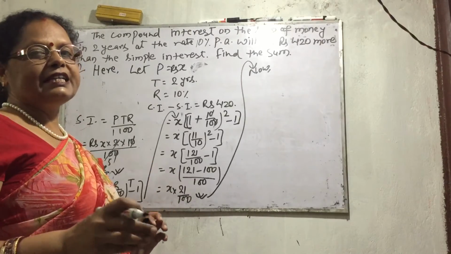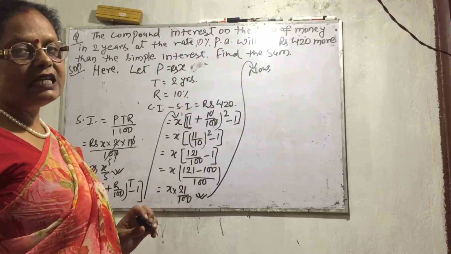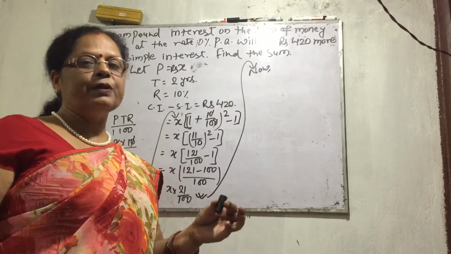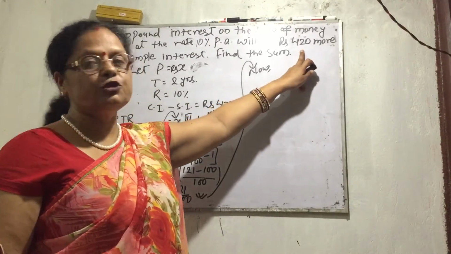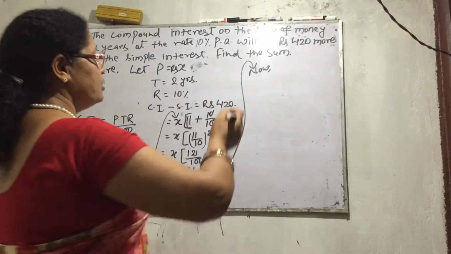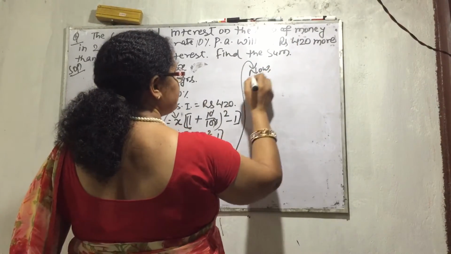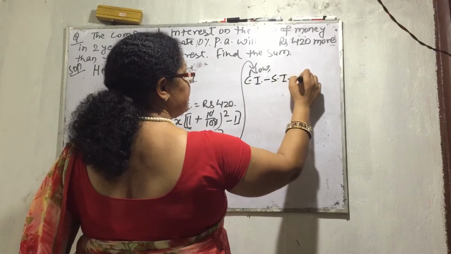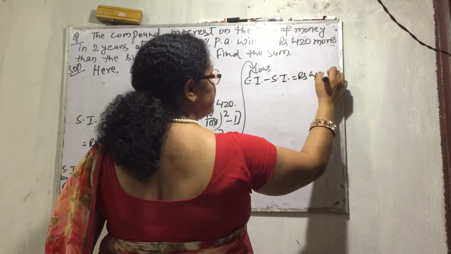Means compound interest is greater than simple interest, the difference of compound interest and simple interest is equal to how much? Rupees 420. So we have to write down now CI minus SI equal to rupees 420.